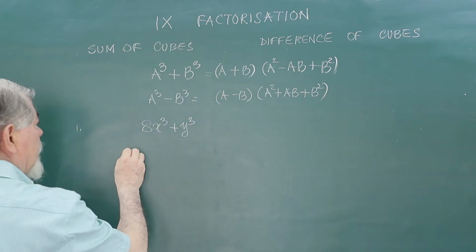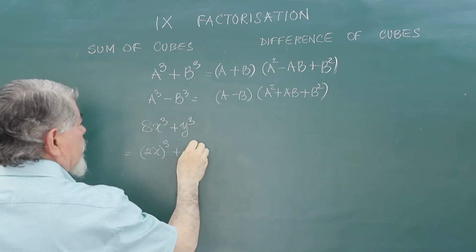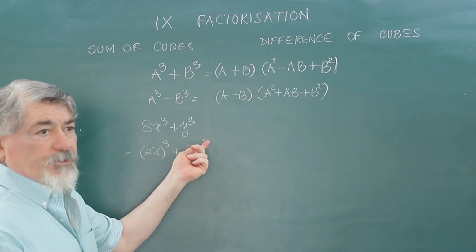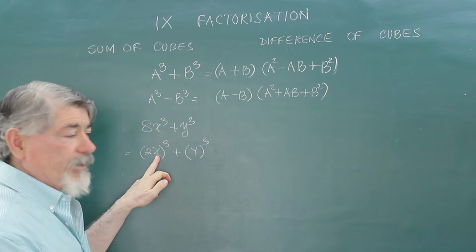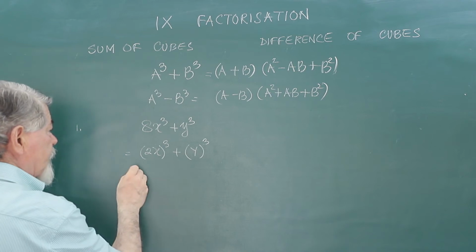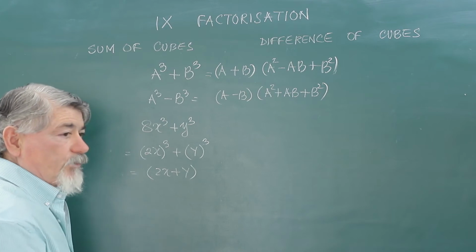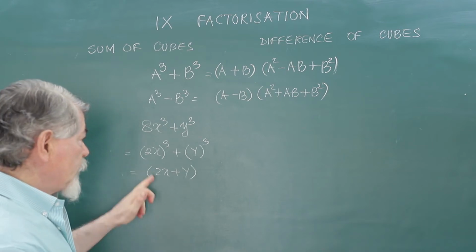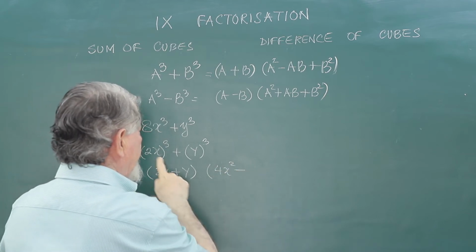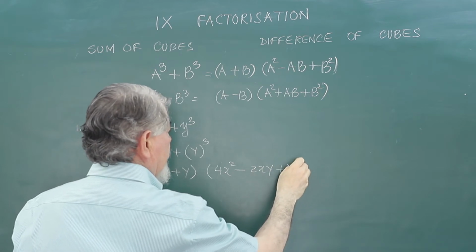Let us see how. It is 2x to the power 3 plus y to the power 3, a cube plus b cube. In place of a, I have 2x. In place of b, I have y. So a plus b is the first factor, 2x plus y. Then a square, the square of the first term, that is 4x square, minus ab, 2xy, plus y squared.